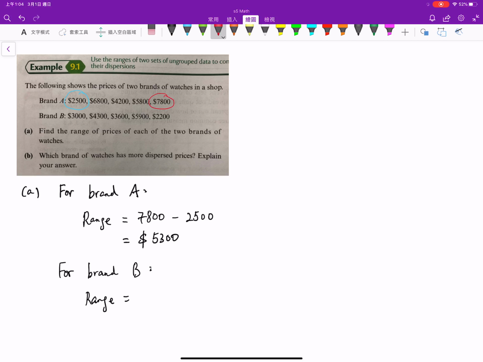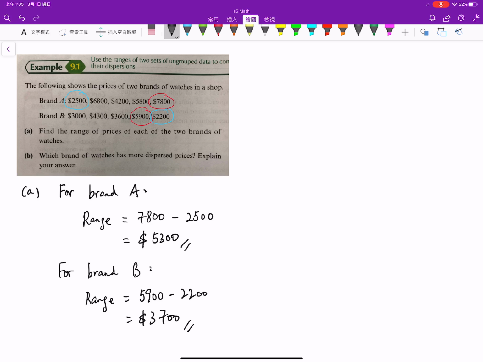Similarly, you get the largest is 5,900. The smallest is 2,200. So you get the range is 3,700. So we finish these 2 parts.